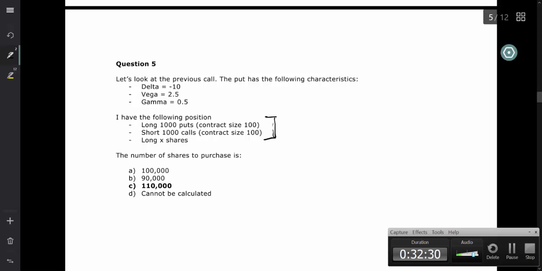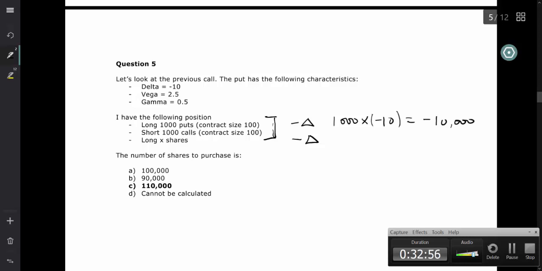So the question is, what actually is your delta? Here your long puts, you are short delta, you are short call, you are also short delta. Now, if you are long 1,000 puts, and the delta of each of them is minus 10, so that is minus 10,000.